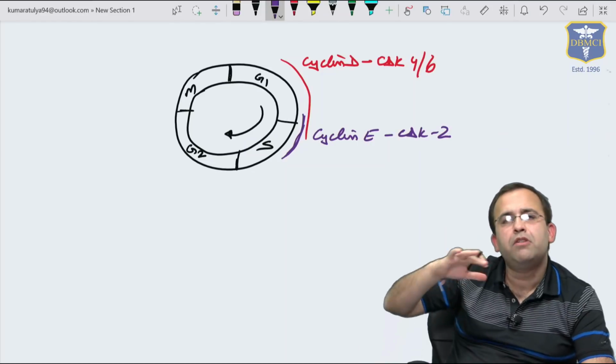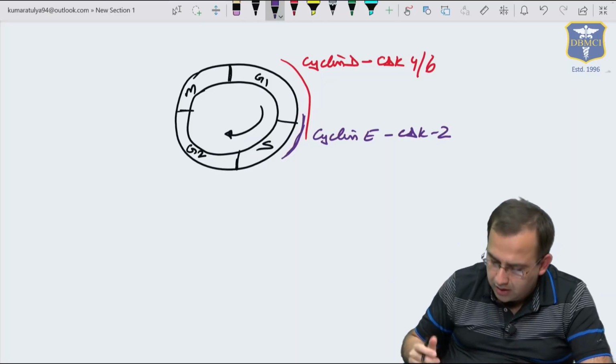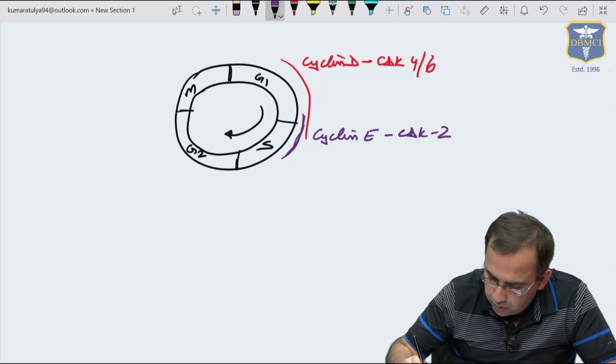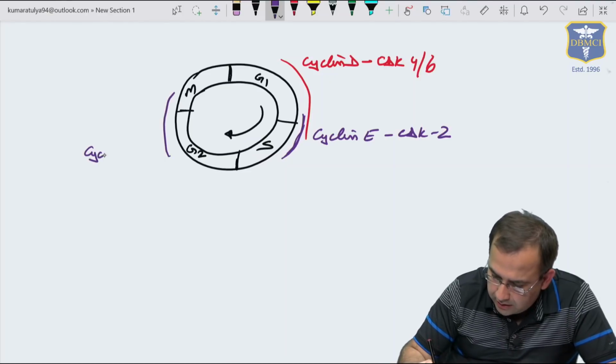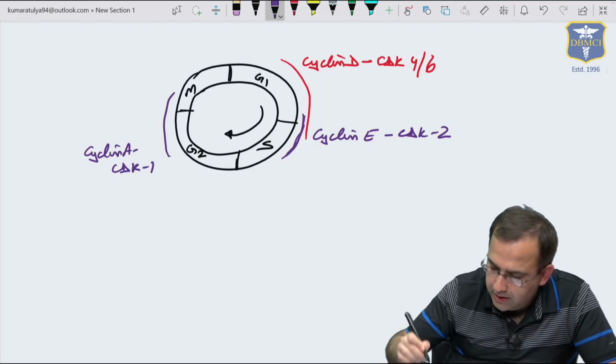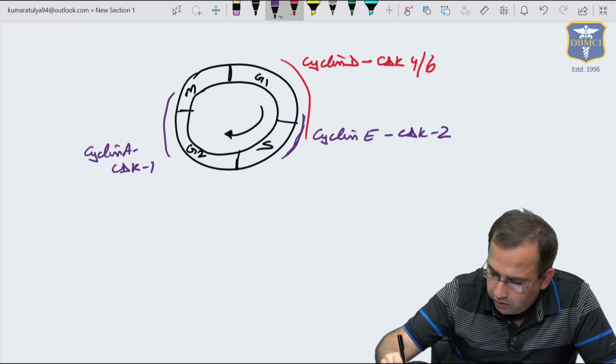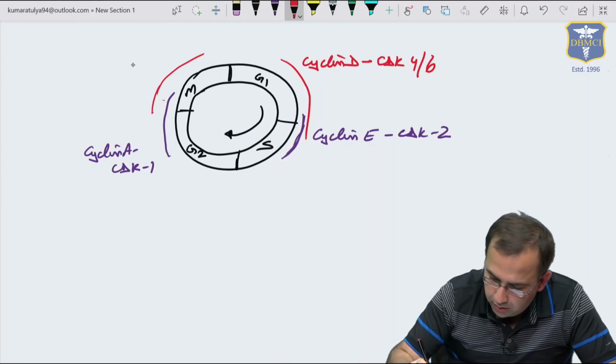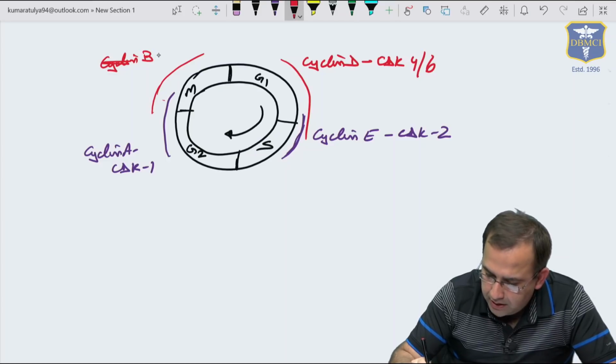It is the same table which we are making in a flowchart, in a pie chart manner. Next is G2M. First is crossed by cyclin A. The first cyclin that comes is cyclin A binding to CDK1, followed by cyclin B, binding to CDK1.